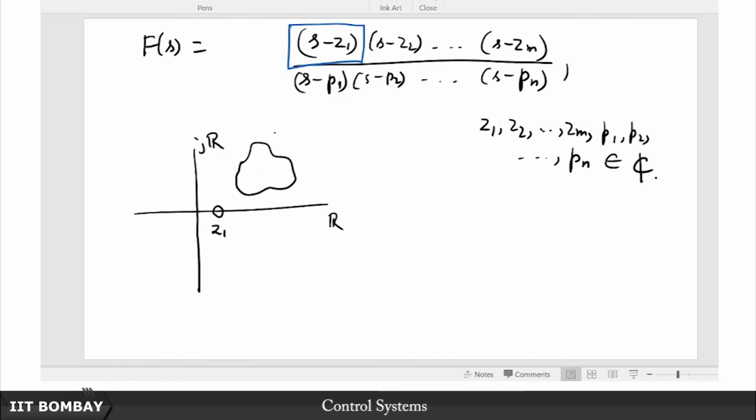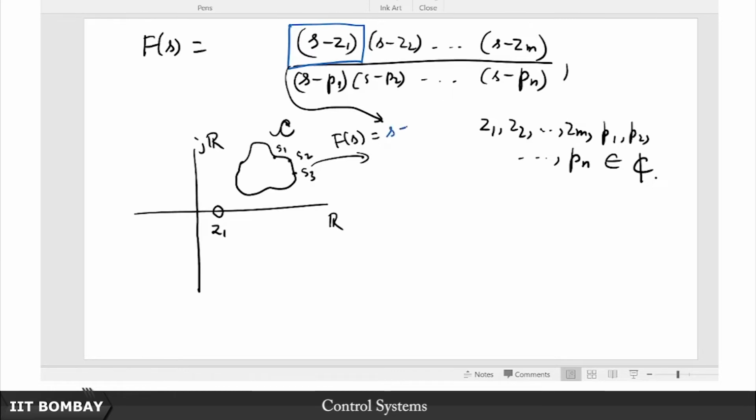So let us call this contour C, curly C if you like. What we are going to do here is call this point S1, this point S2, this point S3, and our F(s), for now we are just focusing on this blue term.